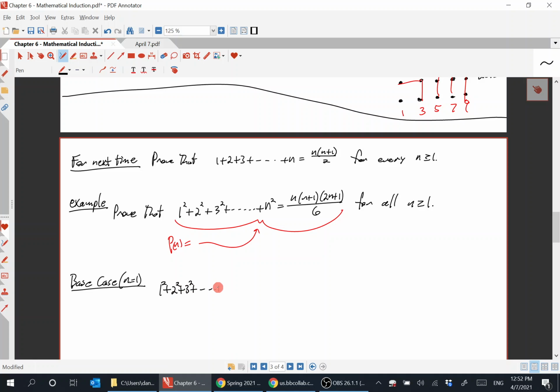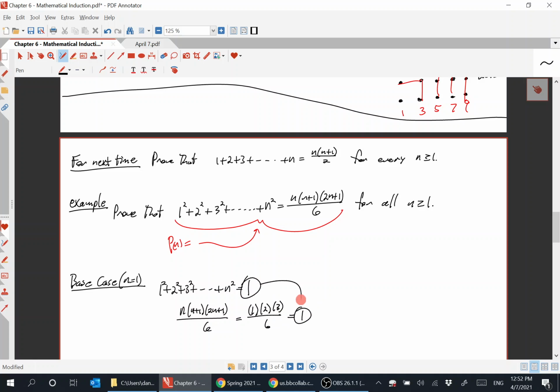And then n times n plus 1 times 2n plus 1 over 6, when n is equal to 1, well, that's 1 times 2 times 3 over 6, which is 1. And these are the same. Right? They are equal. So P1 is true.